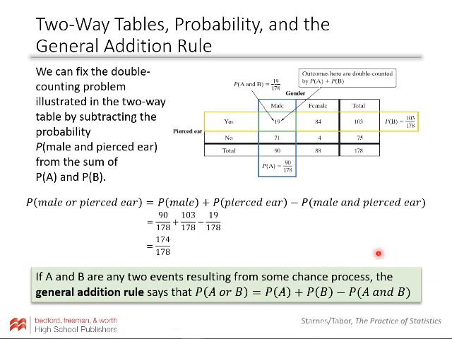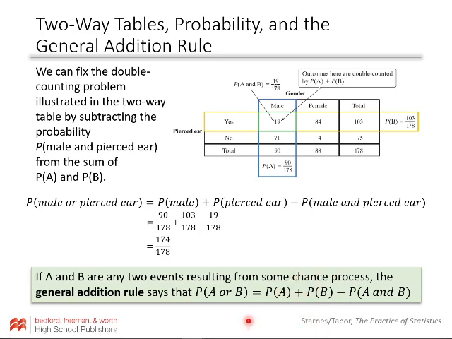This one actually works no matter what, which is why it's the one that shows up on your formula sheet. The probability of A or B is always the probability of A plus the probability of B minus the overlap. It just so happens that when there is no overlap, there's nothing to subtract, and you can just add the two.